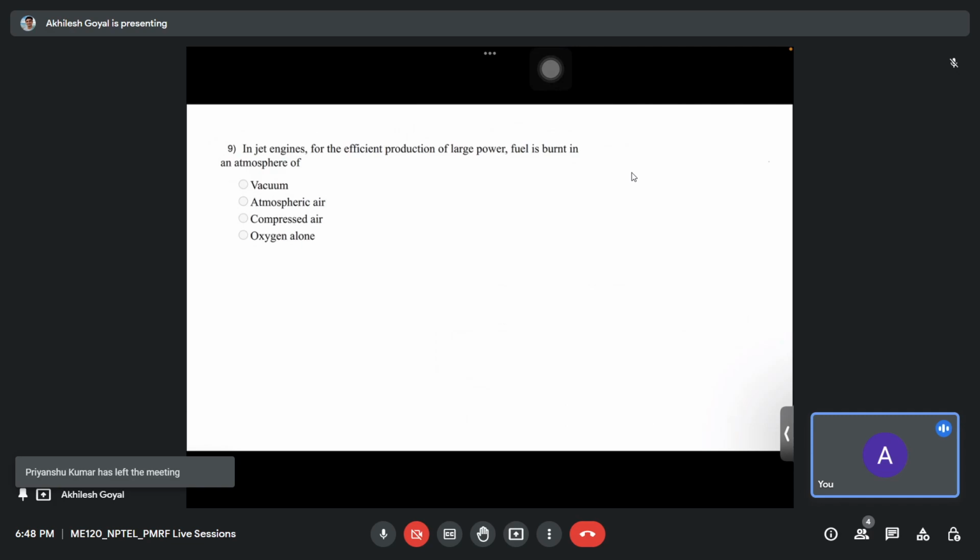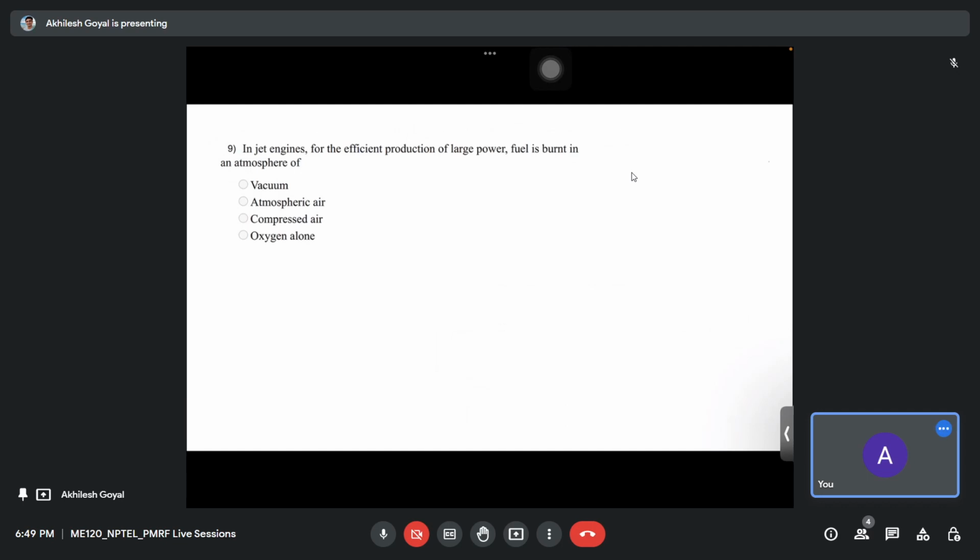The whole fuel is burning. Now the thing is, the air continuously flows, and it gets very little time for the fuel to mix and burn completely. So it cannot react with all the oxygen available in the air at that instant and burn the whole fuel. Now the question here is, for efficient production of large power, fuel is burned in an atmosphere of.